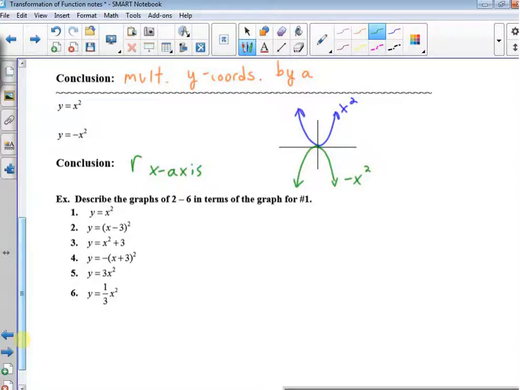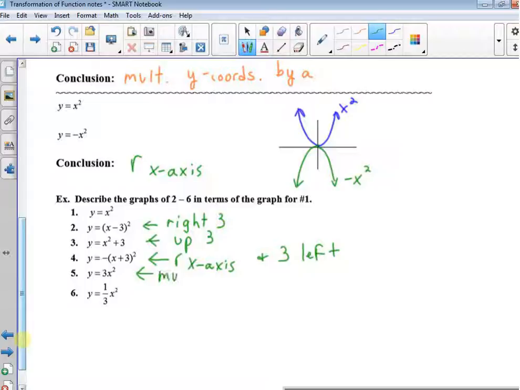Again, describing the graphs, same idea. It's going to go right 3, up 3, reflect over the x-axis, and we're going to go 3 to the left. This one is multiply the y coordinates by 3.